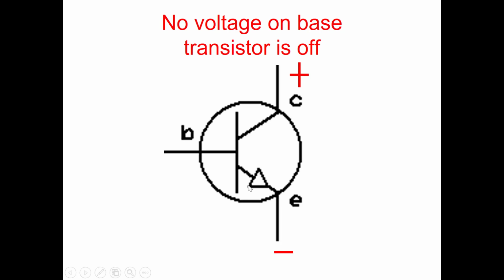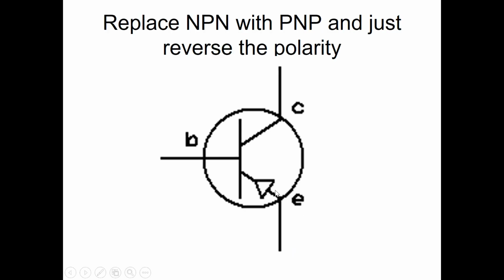In this case, the arrow is not pointing in, so NPN, not pointing in. But in this case, the arrow is proudly pointing in, so that's PNP. That can help you keep straight NPN and PNP transistors when you just see the schematic symbol.